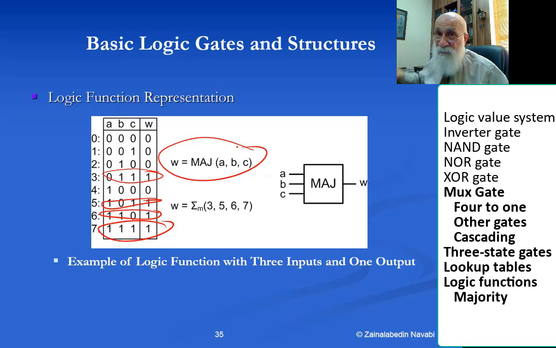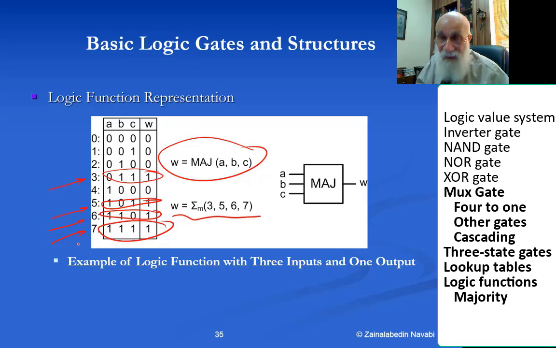And another format I'm showing here, which we will use later on, is to write this as a sum of the min terms. Look, the output is 1 when the input decimal value is 3, or 5, or 6, or 7. We say that these are the min terms of the function. The places where the output is 1 are called, in terms of all the inputs, a min term.